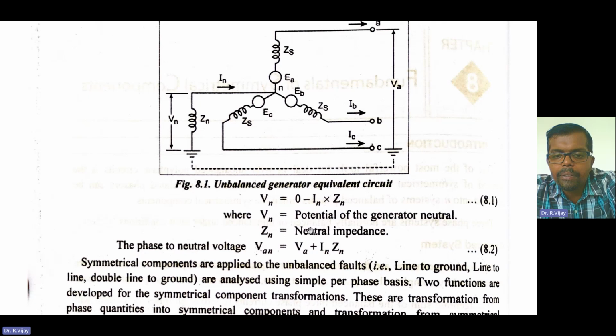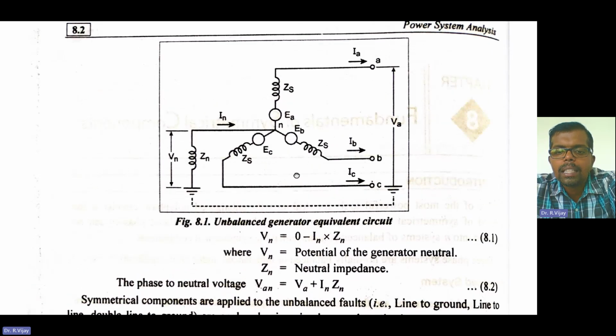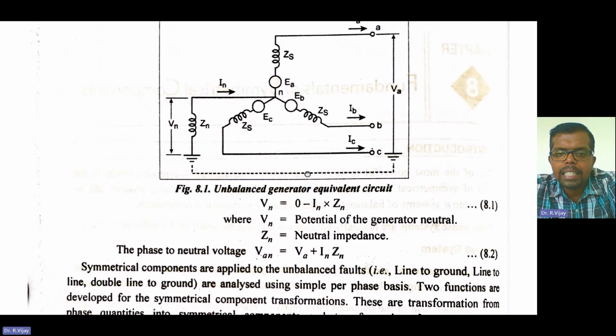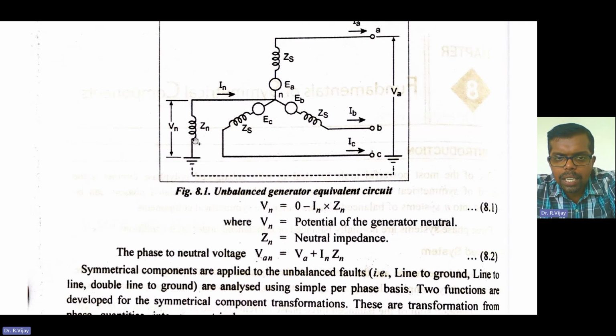What is Va? Va means voltage at that particular phase, say for example the A phase. In this phase we have considered the current flowing in this direction. Generally, the current will flow in this direction only, that is to the ground.